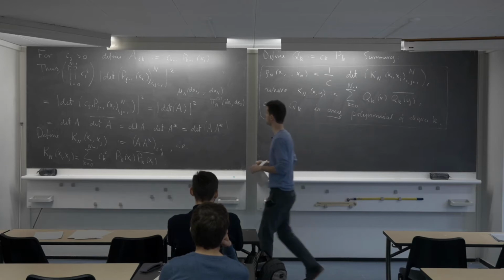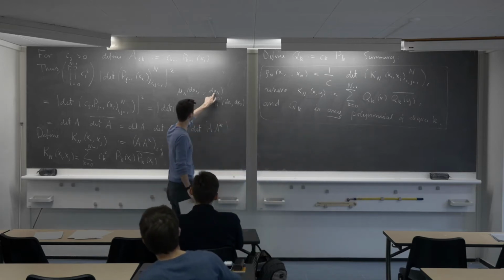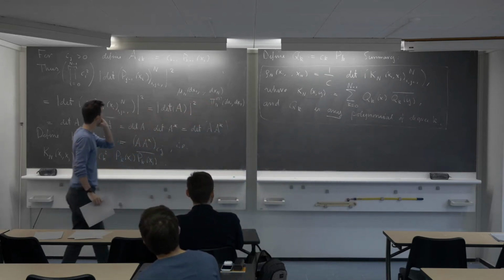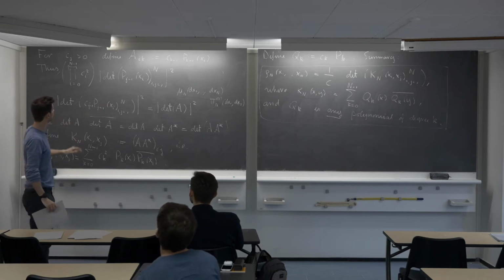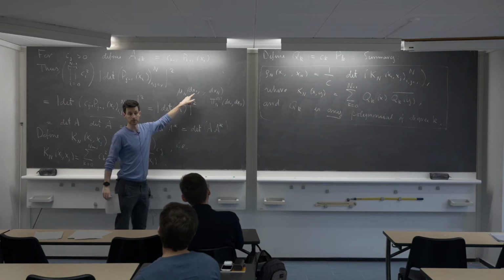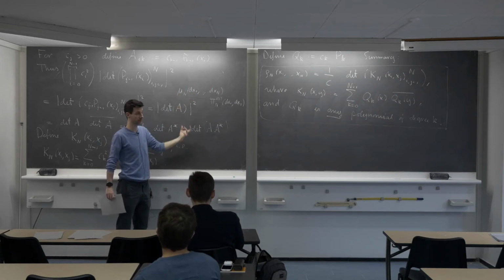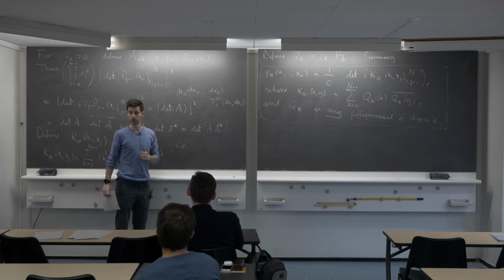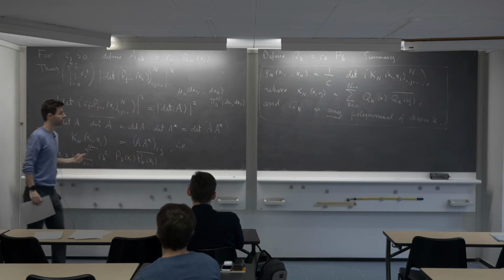So this is what we are trying to understand. In order to do that, we have to integrate out all of these variables. And if you go back to the form of this probability measure mu n, it's not an easy thing, right? Look at this formula. You have this interaction, this logarithmic interaction, and even integrating out one such variable is not easy. In principle, there are Gaussian integrals.